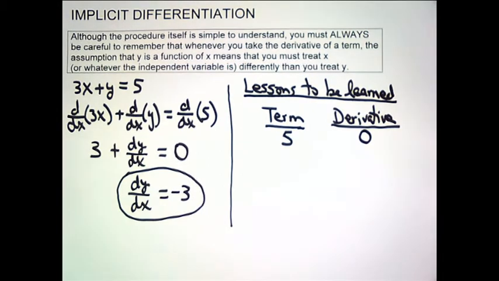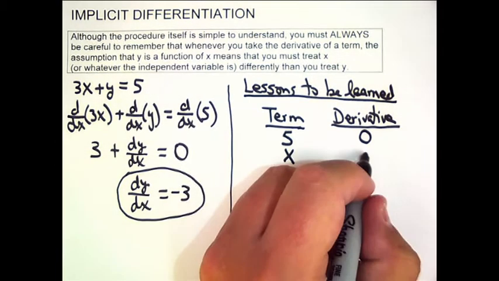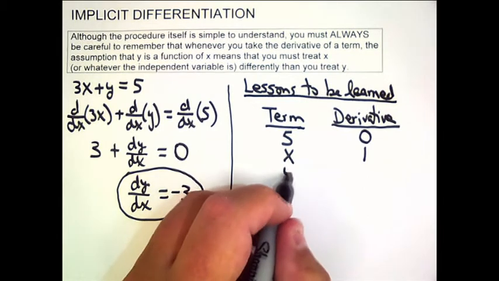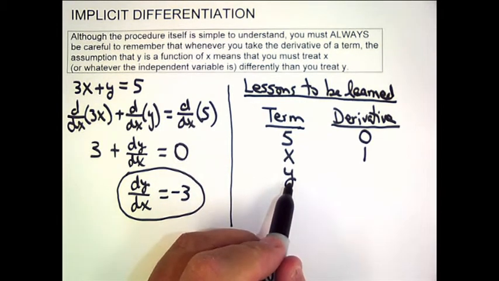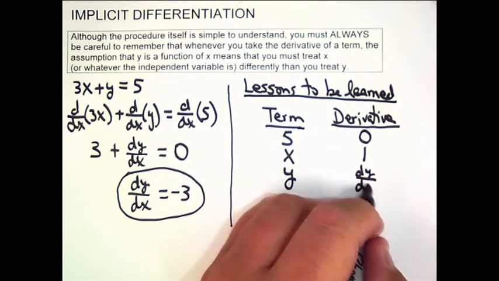Derivative of any constant is 0. If I have x, its derivative of course is 1. But if I have y, since y is treated as a function of x, the derivative of y is dy over dx, not 1.